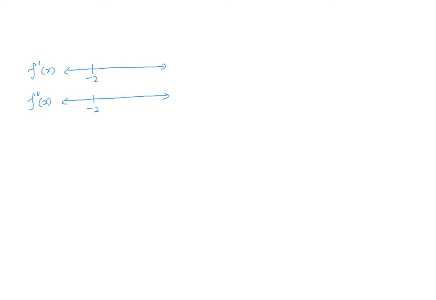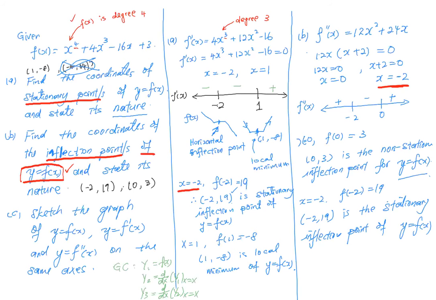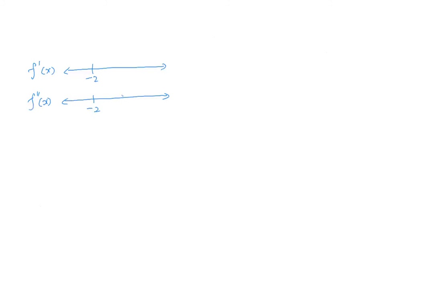Then 0 and here is 1. So I have negative, negative, positive. And here I got positive, negative, and positive.